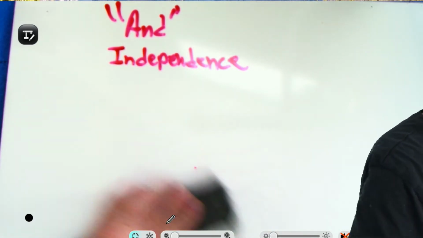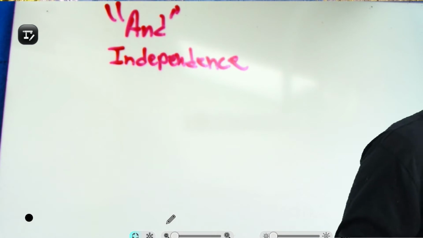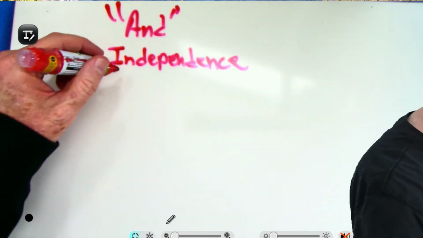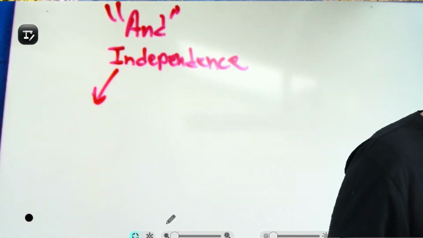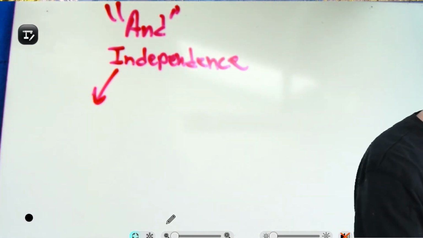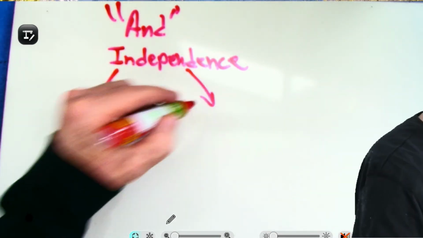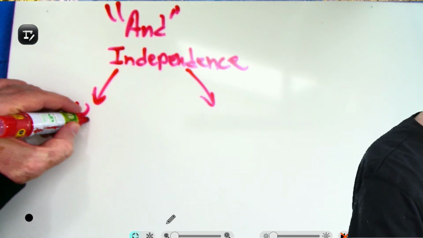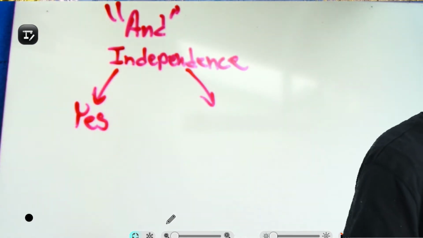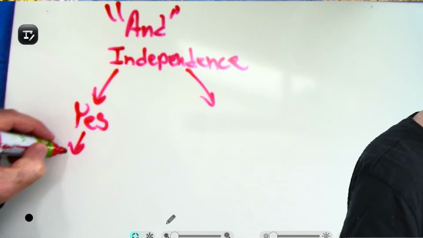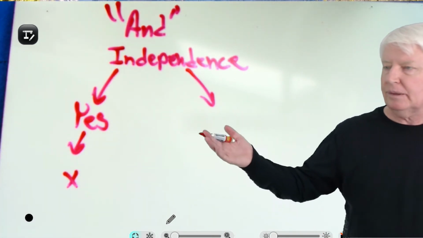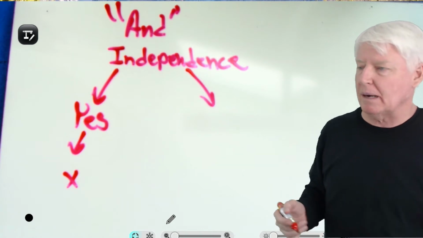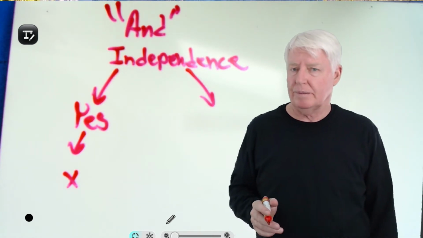If it's an AND statement, you ask whether the assumption is fulfilled. In other words, is the AND statement correct or not? On this branch, I'm going to say yes, independence is realized. Then you simply multiply the probabilities together. The math in basic probability statistics is very simple.